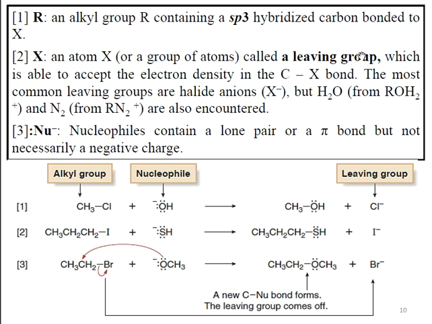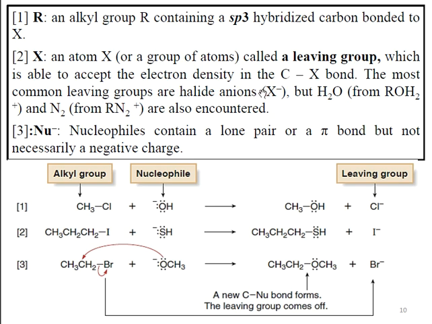The leaving group, the halogen, should be a good leaving group, able to accept the electron density in the carbon-X bond. That means it takes the negative charge, both of the two electrons, and gives you a stable group. The most common leaving groups are the halide anions, the halogens.